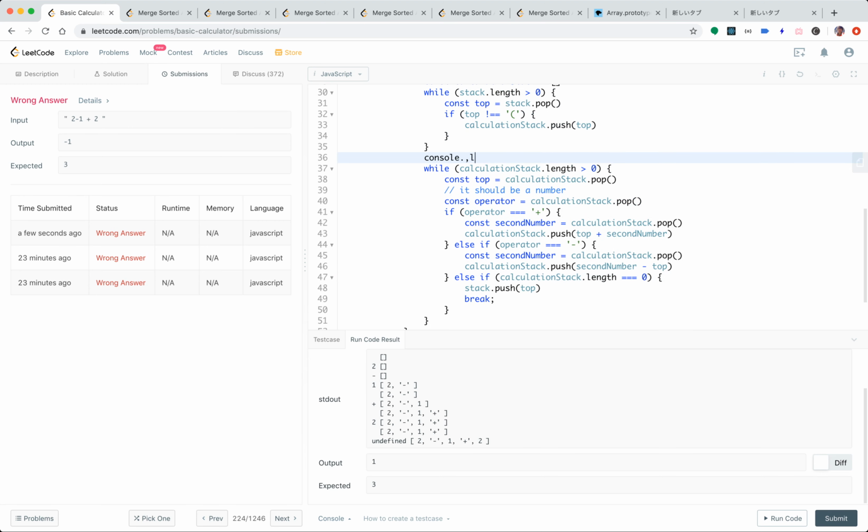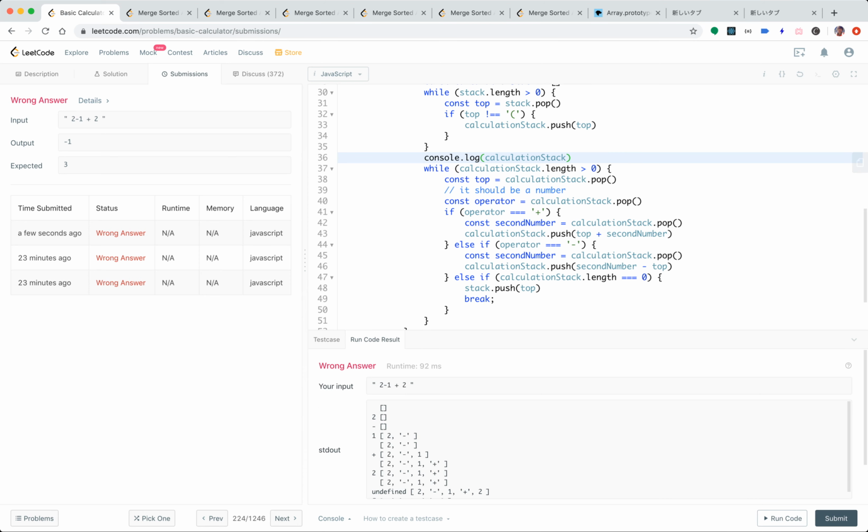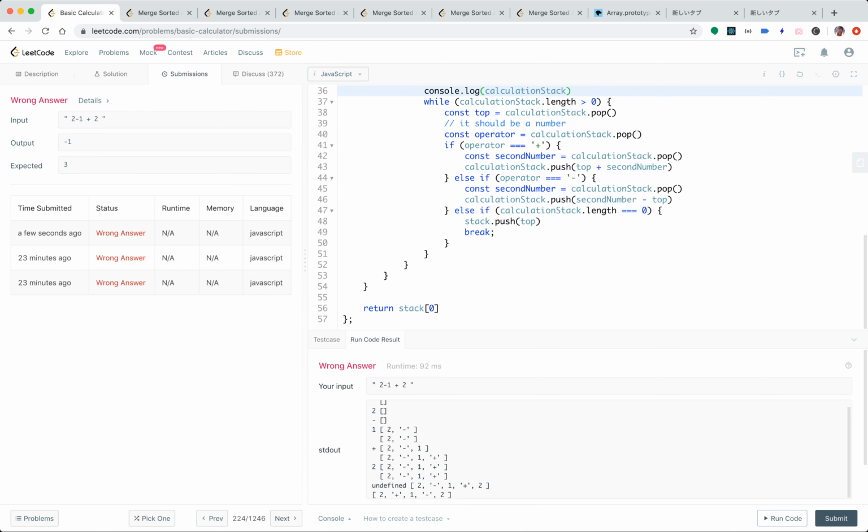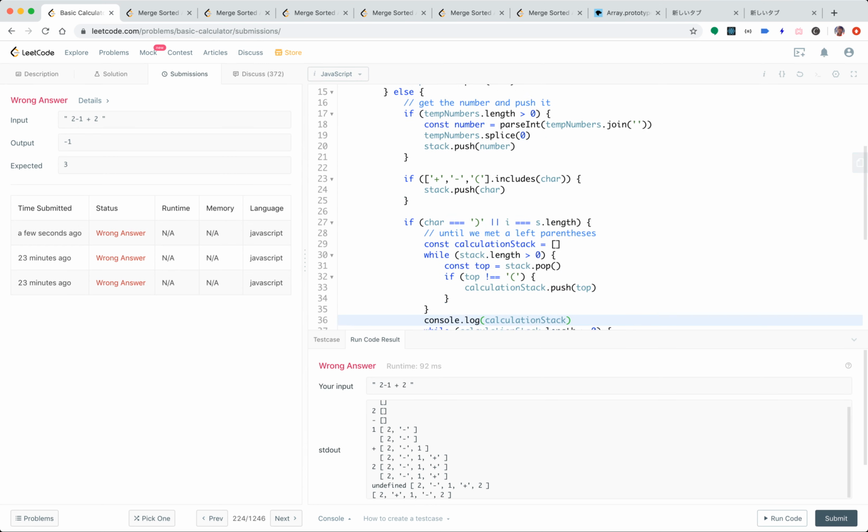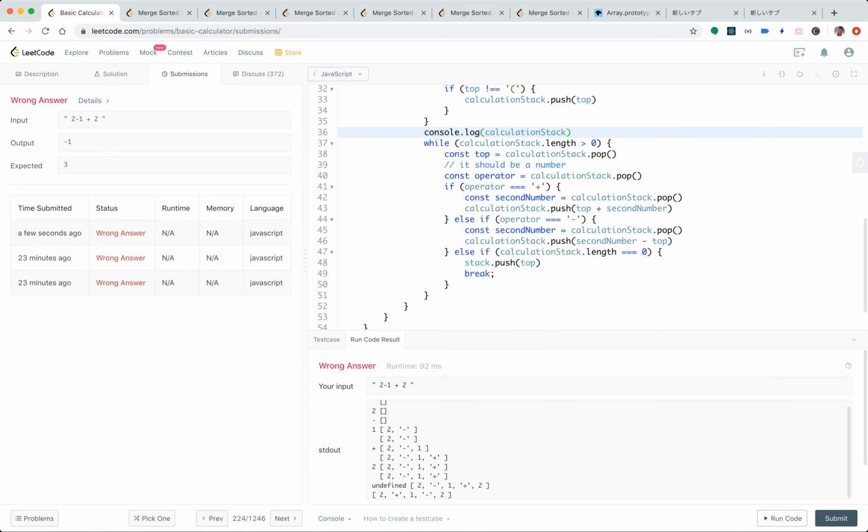Console log calculation stack. Calc. Oh, here. Plus, if there's minus, we should take the top minus the second one.